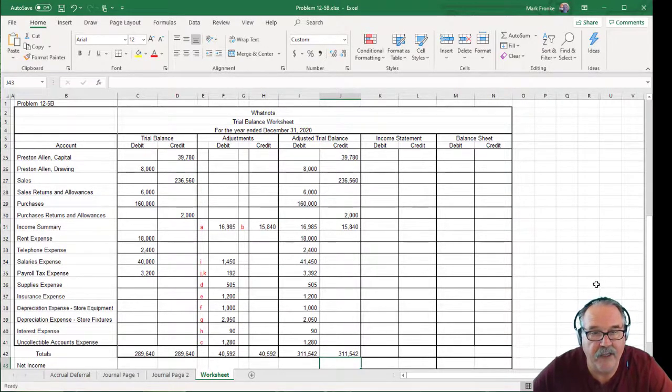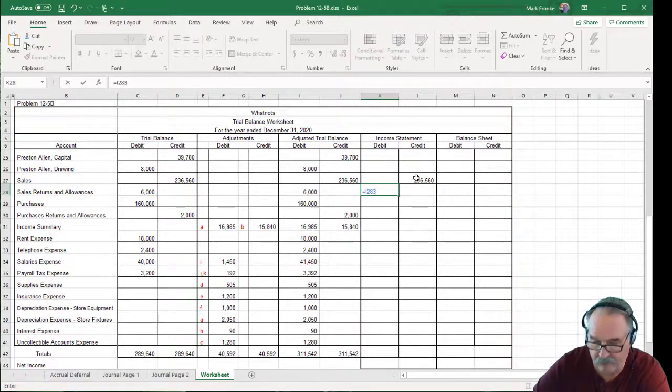311,542. And then we need to bring over all the accounts either as an income statement account or a balance sheet account. We know that income statement accounts are all the revenue and expenses. So we have sales coming over. We have sales returns coming over.